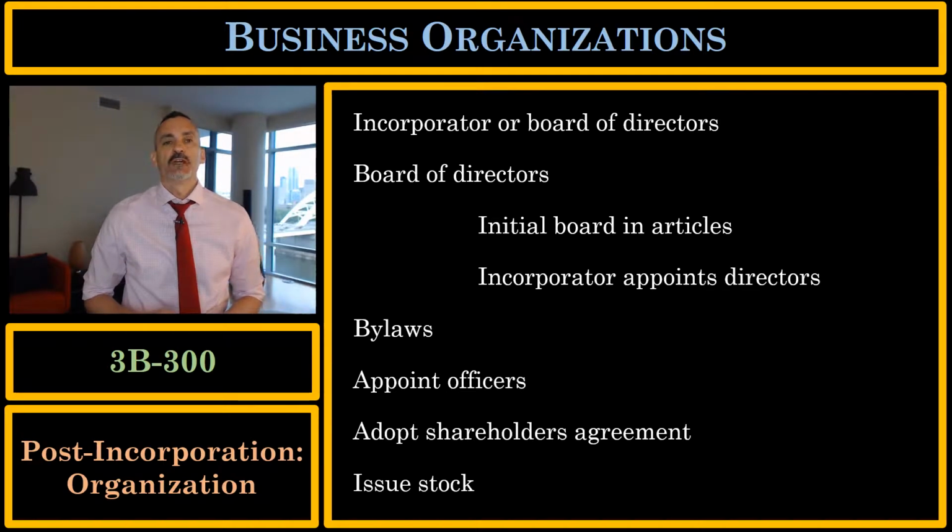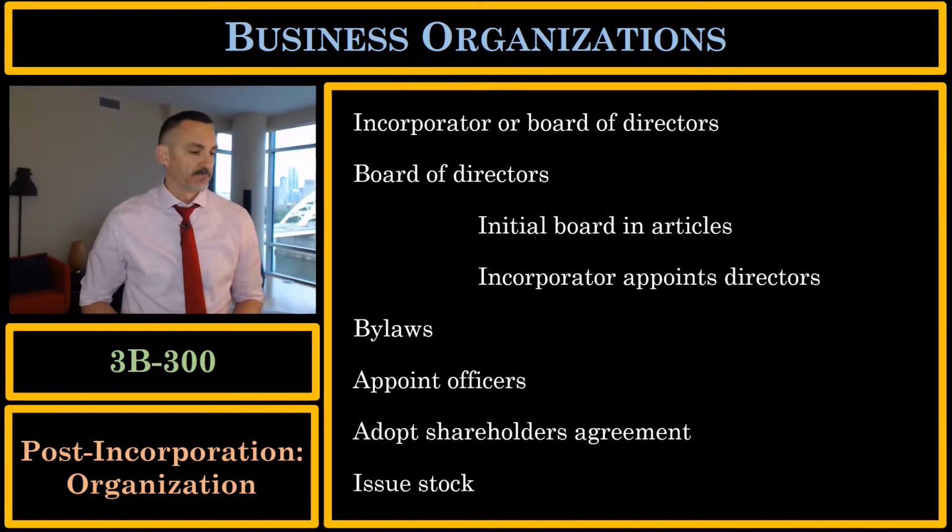What types of things do they need to do? Well, you need to draft bylaws, and we'll talk more about bylaws in a subsequent chapter. We've already mentioned bylaws, but these are generally the rules that govern the internal affairs of the corporation. How do we handle meetings? How many directors do we have on the board of directors? How do we elect them?